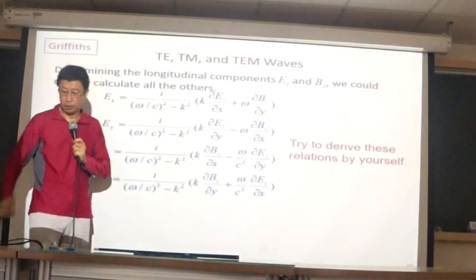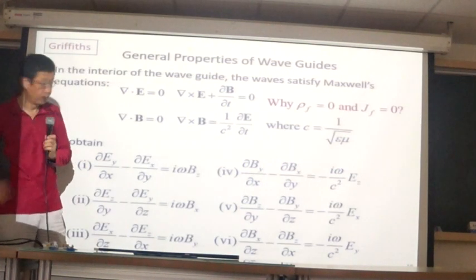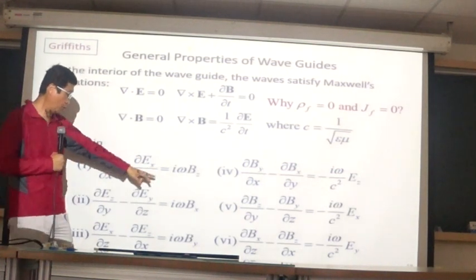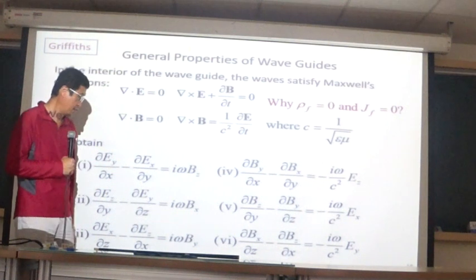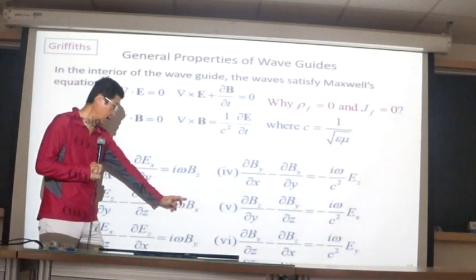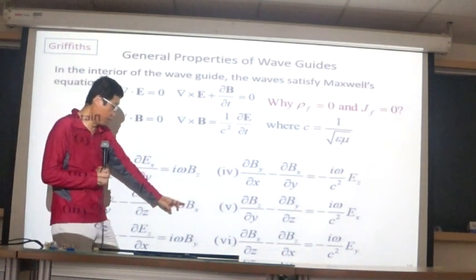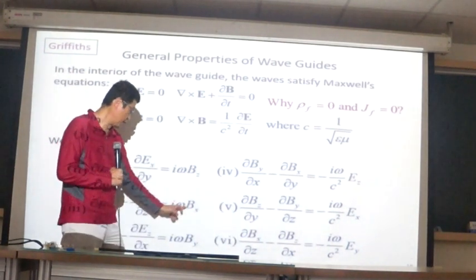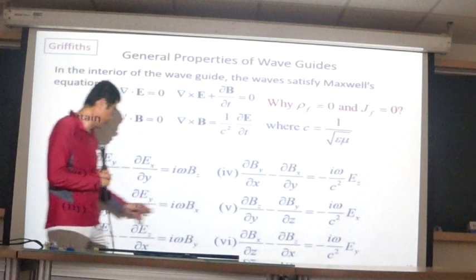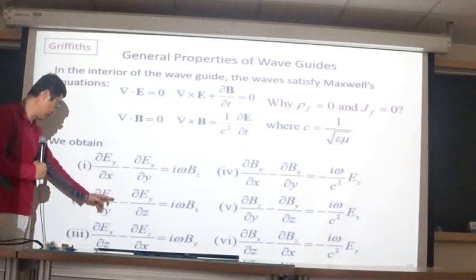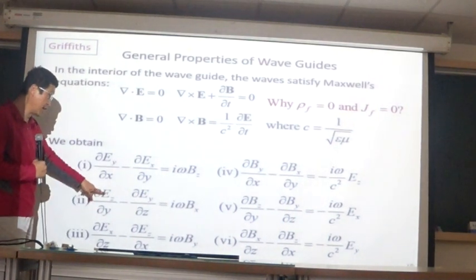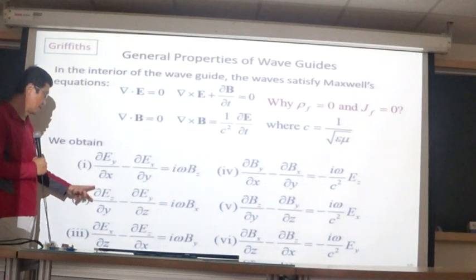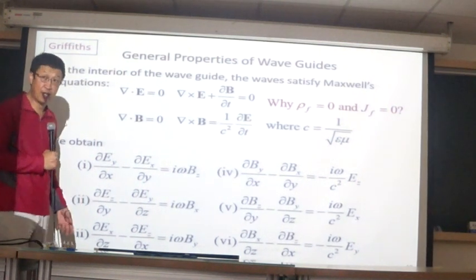Let me show you how to do that. For example, we have Bx, and we take the partial derivative of Bx with respect to z, and this one, partial Ez, partial z, and we can substitute these terms with others.